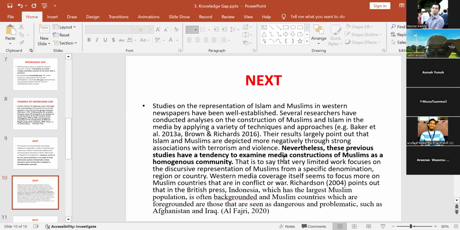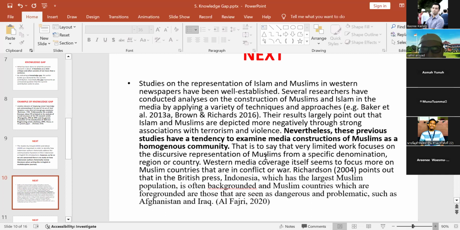So this is another one. Nevertheless, these previous studies have a tendency to examine media construction of Muslims as a homogeneous community. So this is a different type of research gap statement from the previous one. This is the author criticizing the previous work.